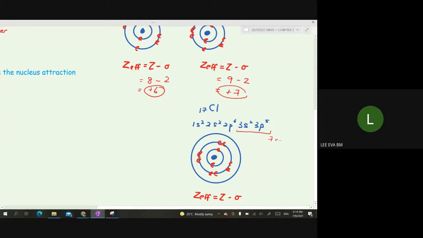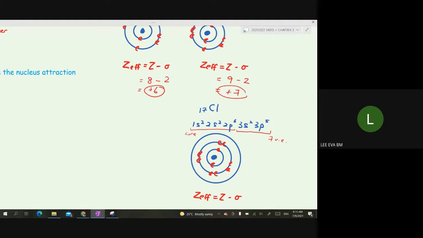Since fluorine and chlorine are in the same group, the number of valence electrons will be the same. But what is different here is the core electron. We have 1s2, 2s2, 2p6, which altogether give you 10 inner electrons. Inner electrons can be in more than one shell, depending, but for the outer shell you only have one shell. The inner shell can be more than one.